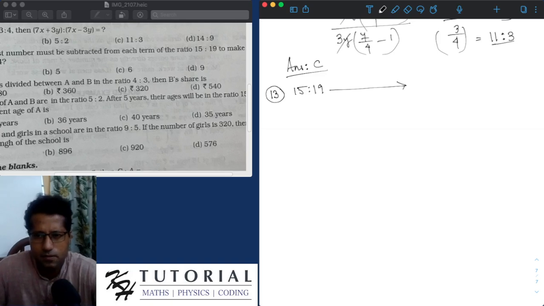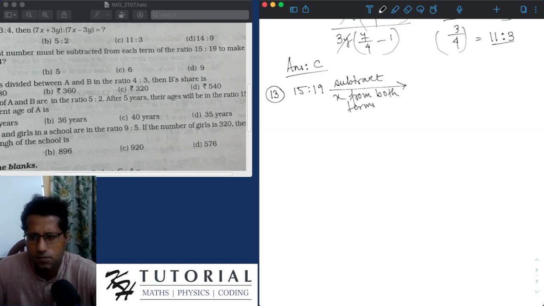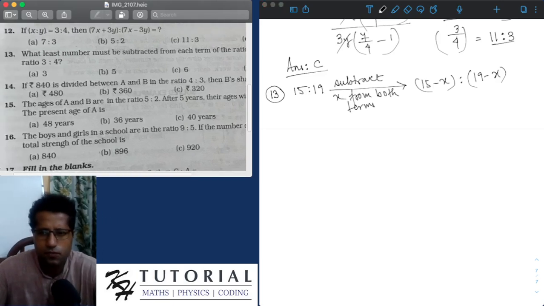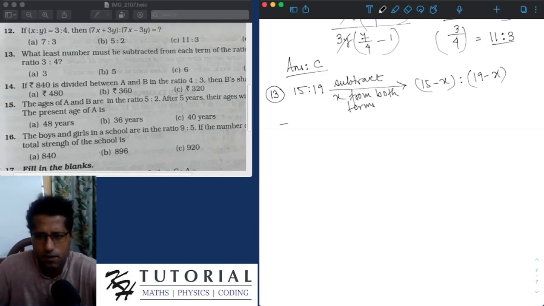We have to subtract, let's subtract x from both terms. So it becomes 15 minus x is to 19 minus x, and this ratio is given to be 3 is to 4.